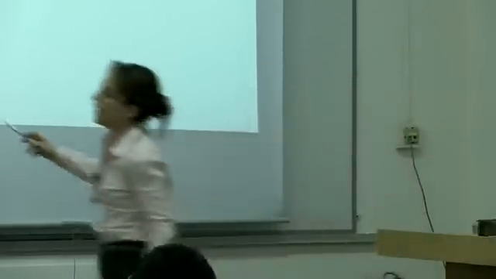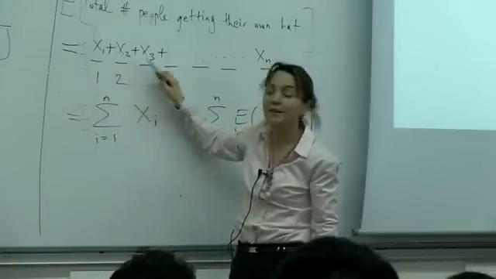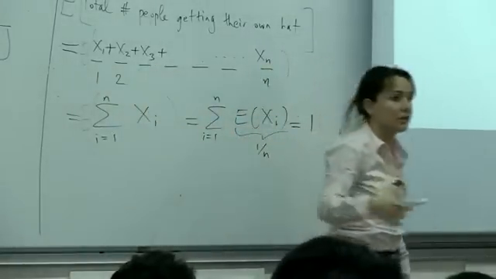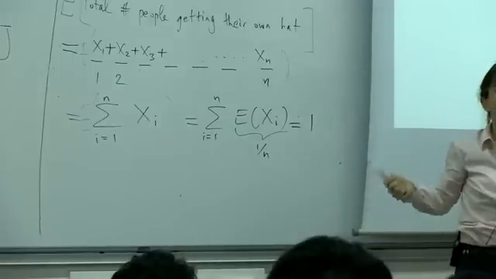But we're not analyzing the problem sequentially like that. In fact, the xi's are very dependent. If you know that x1 is 1, then x2 is 1 with higher probability. If both x1 and x2 are 1, then x3 is 1 with even higher probability. They are very dependent, but we don't care.